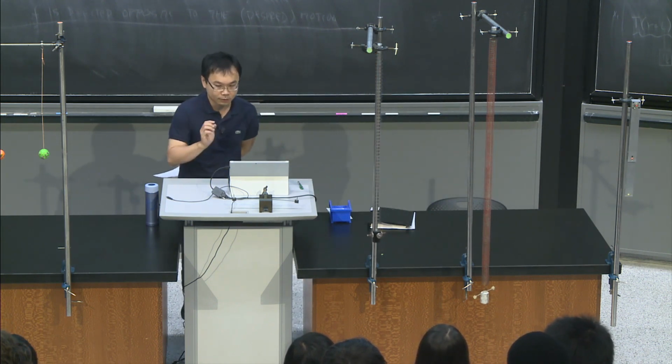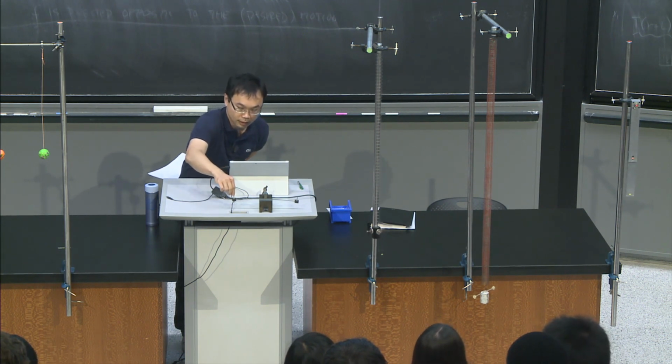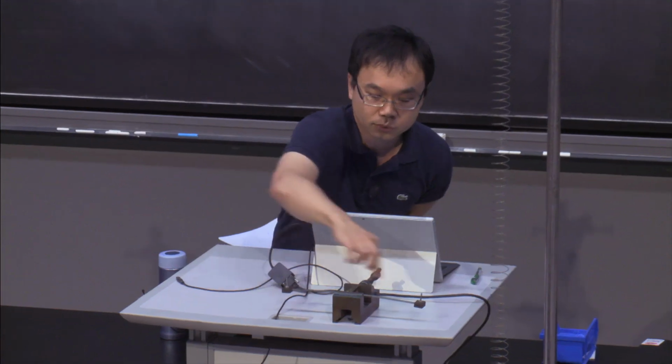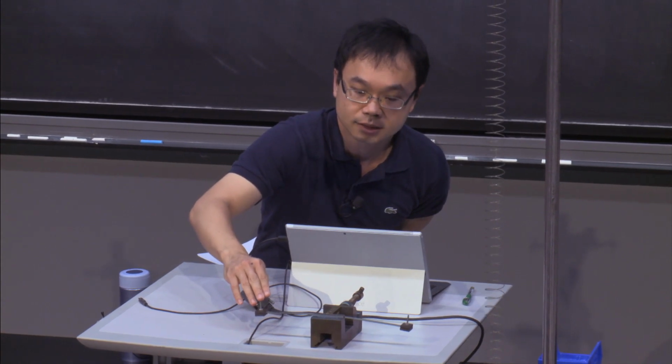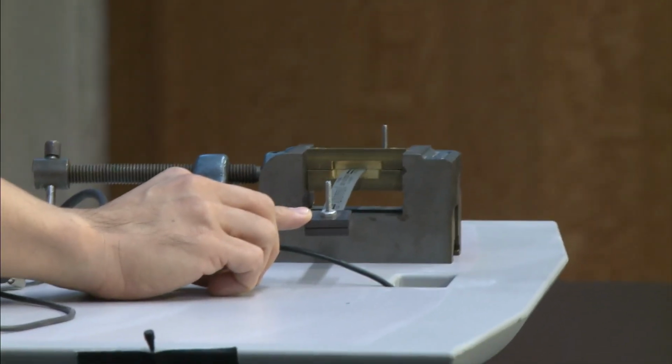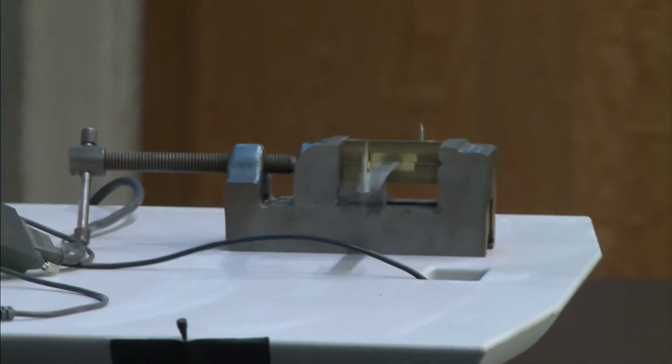The second example I would like to show you is a saw, and you connect it to a metal ruler, which is connected to two massive objects. Okay, now I can give it an initial velocity and see what happens.